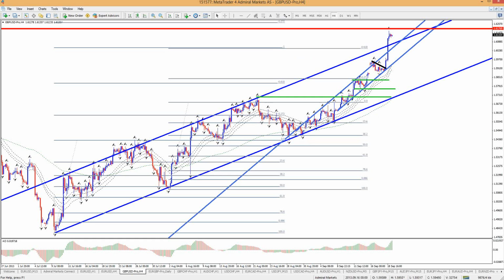The light blue channel, in fact, was a very nice channel, but we got a breakout again. We got a lot of breakouts here. It moved very slowly, but once we got a breakout here, we had a breakout here, here, here, here, and now here. So a lot of breakouts to the upside.